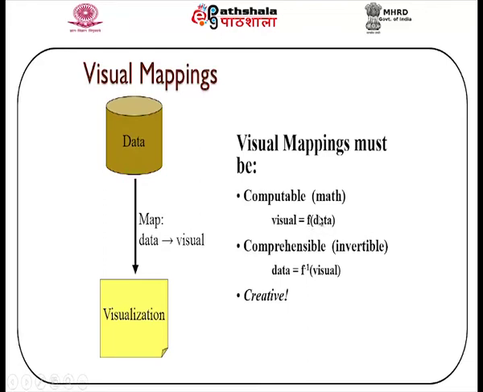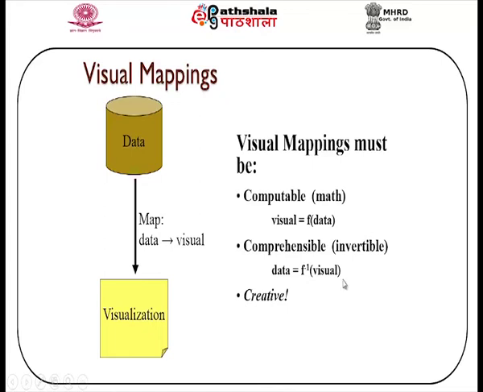The visual mappings are also comprehensible in the sense that they are invertible. It is possible for me to convert the data into the visual format, and the reverse is also possible: from the visual, I can get the data exactly as it is. So the visual mapping should be comprehensible, or invertible.